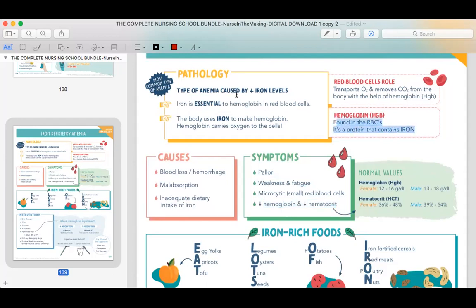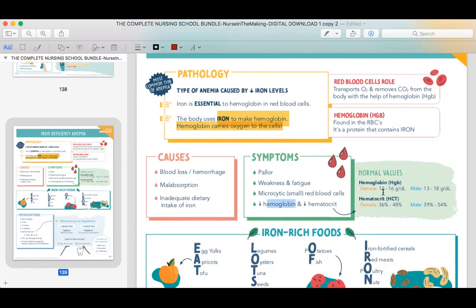So make sure you take in iron to make hemoglobin, because hemoglobin carries oxygen to the cells. That's important to know. Both are important, but if on ATI both lab values are low and they ask which one you would report to the provider, it would be hemoglobin, because that one carries oxygen to the body.